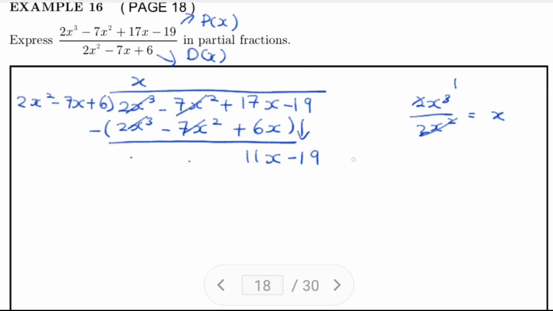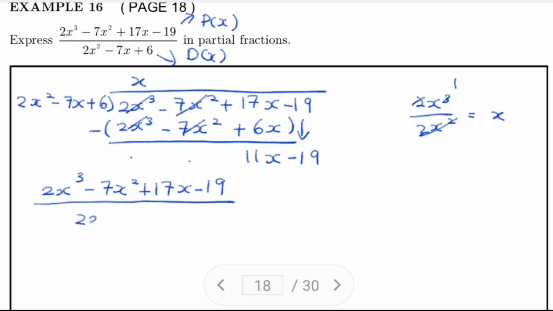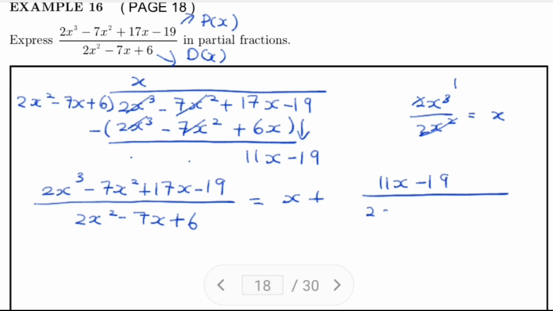So we stop our long division here. Rewrite the fraction 2x cubed minus 7x squared plus 17x minus 19 over 2x squared minus 7x plus 6 equal to the quotient x plus 11x minus 19 over 2x squared minus 7x plus 6.